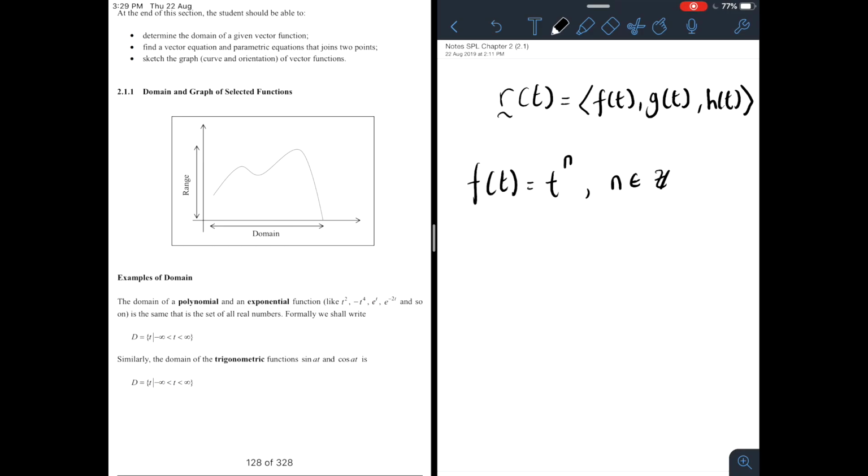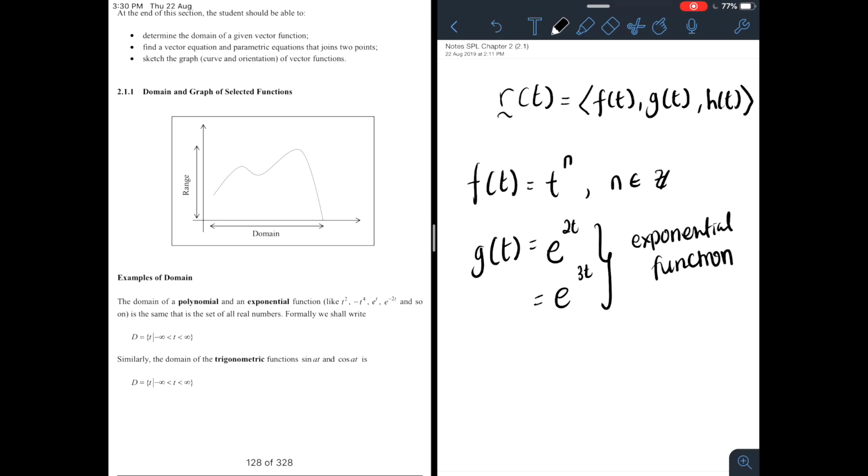And then, as described in the notes on the left hand side, you come across the term exponential function. Let's say I'm giving you this kind of function, g(t) equals e to the power of 2t or e to the power of 3t. So we name this function an exponential function.